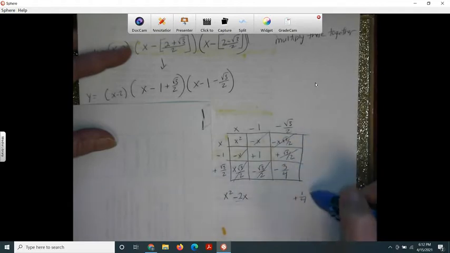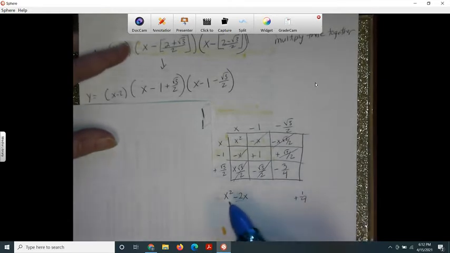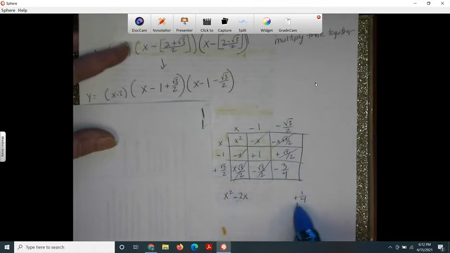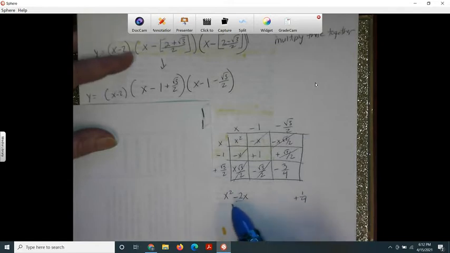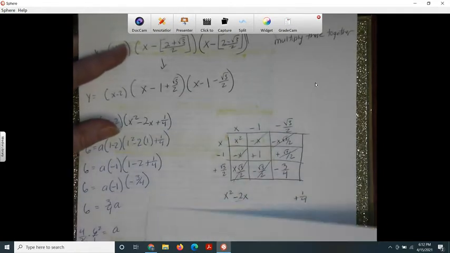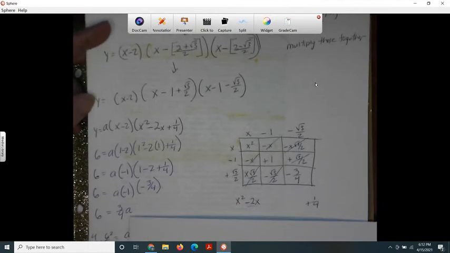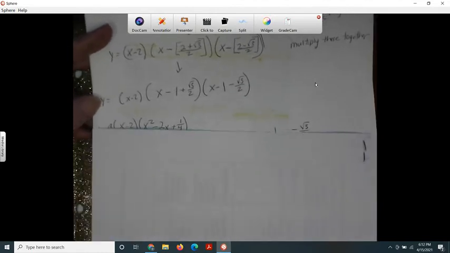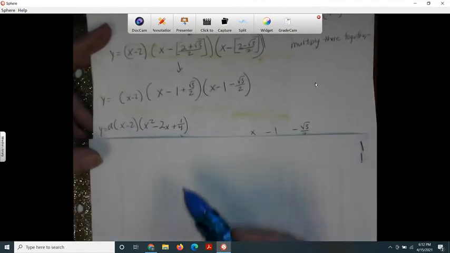So that's what I got. Your book went ahead and multiplied everything by 4 because they knew that once they calculate A, it's going to adjust for the fact that they multiplied this by 4. But I left it alone because I didn't think to multiply it until I got to the end. So that's what I got when I multiplied these two together.